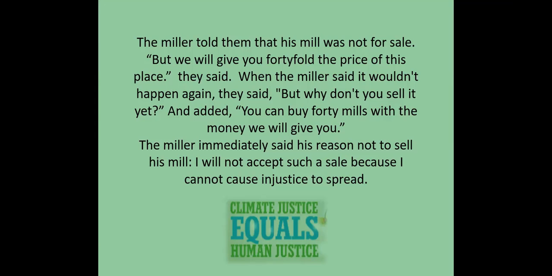When the miller said it wouldn't happen, they said, "But why don't you sell it?" And the soldiers added, "You can buy 40 mills with the money that we will give you."